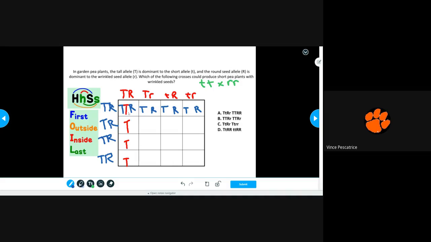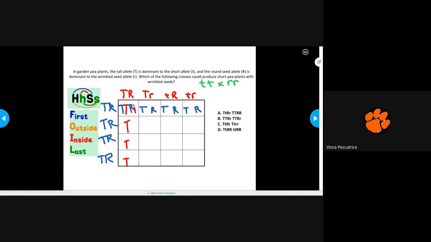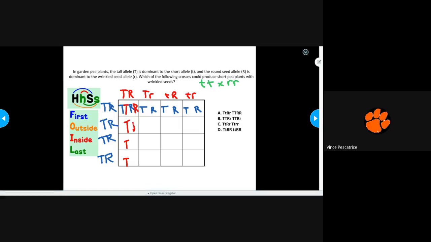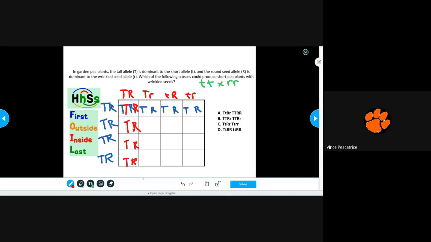Okay, so then I'm going to take the R from this one and bring it down here. So we have TR, TRR. In this box, we would have a capital R, capital R, capital R. So this should tell you something right away. That's how you go through and you distribute.